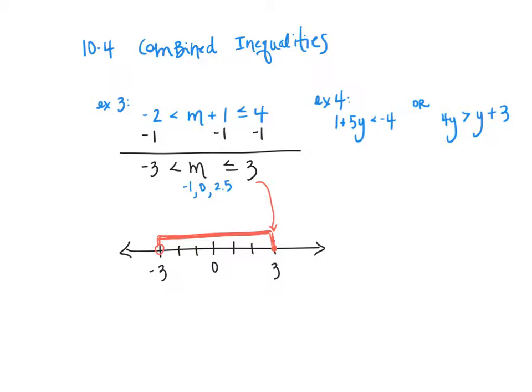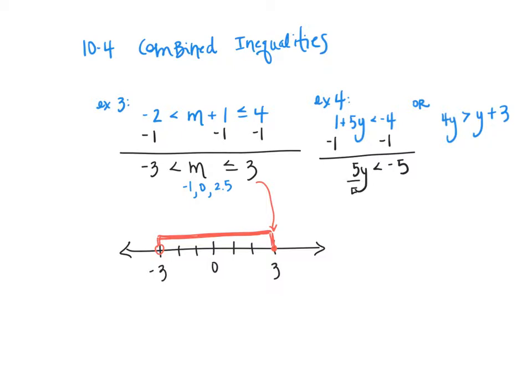Now let's look at example 4. This is an OR graph, a disjunction, so you really don't do this any differently. You're just going to deal with 2 inequalities at one time. So I would subtract 1 from both sides. And so I have 5y is less than -5.